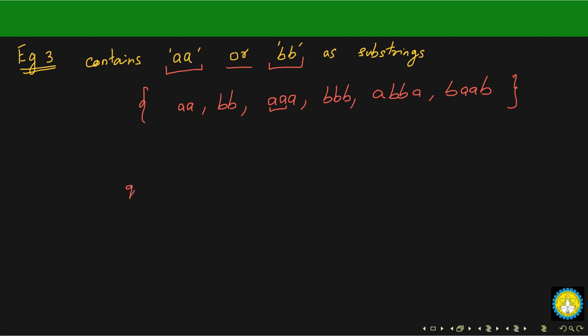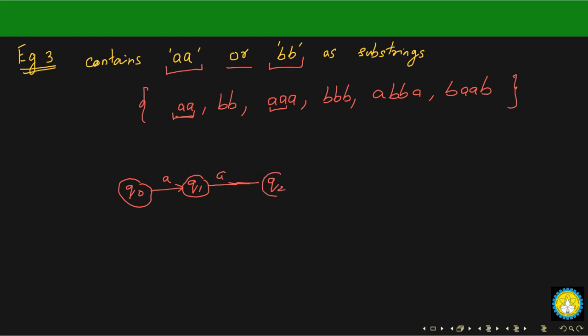We have the initial state as Q0, and let's do it for AA. If you're getting an A, move to Q1. This is very simple. If you're getting an A again, move to a final state, say Q2.